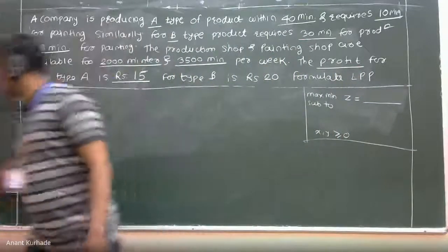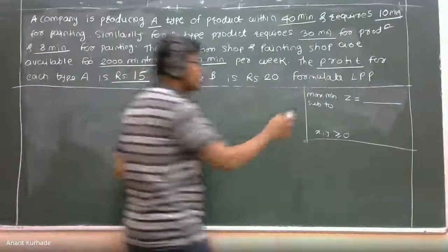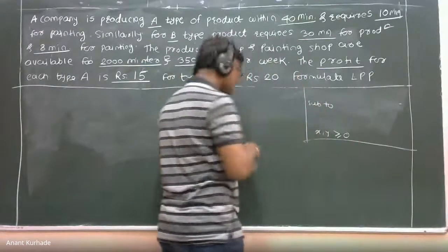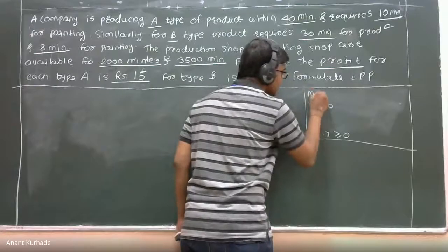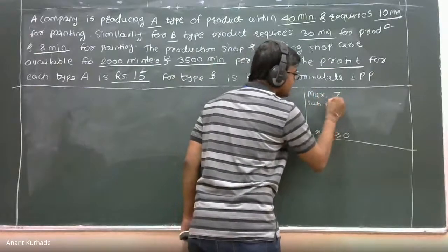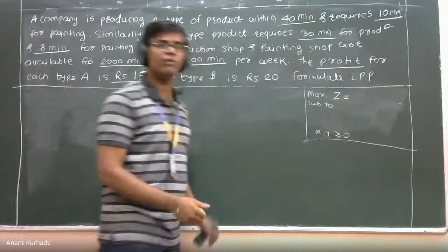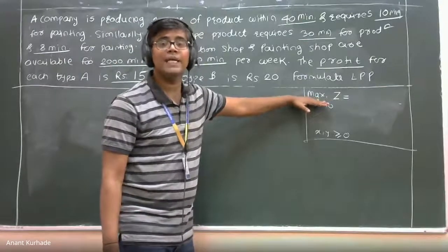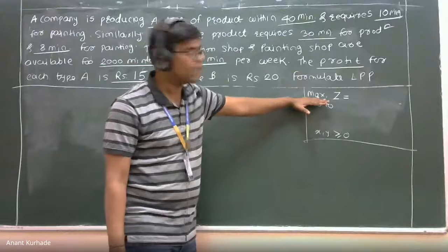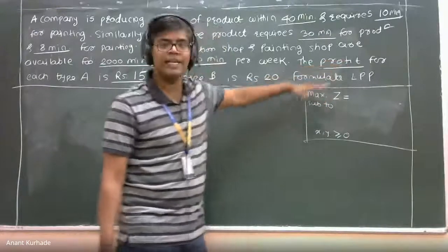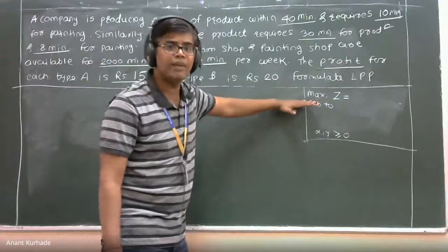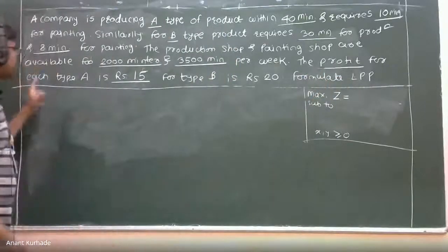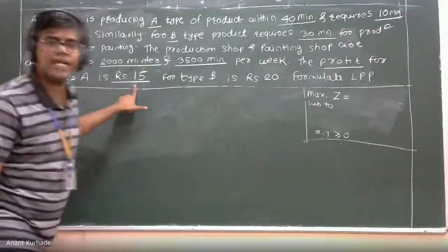So we always maximize: we can write maximize Z is equal to. So we finalize this problem as maximization of profit. If you find loss, then you write minimize, minimization of loss. The profit for each type A is 15 rupees.